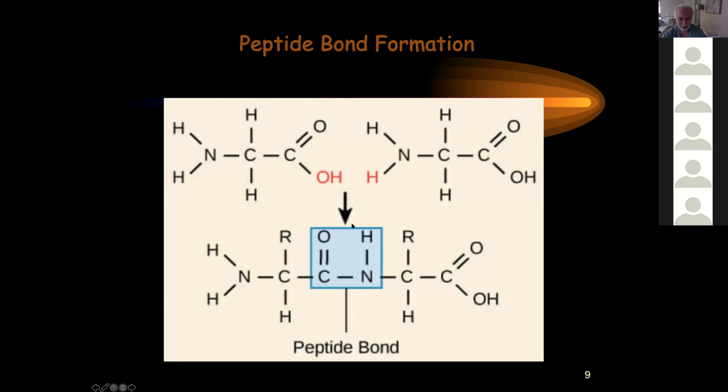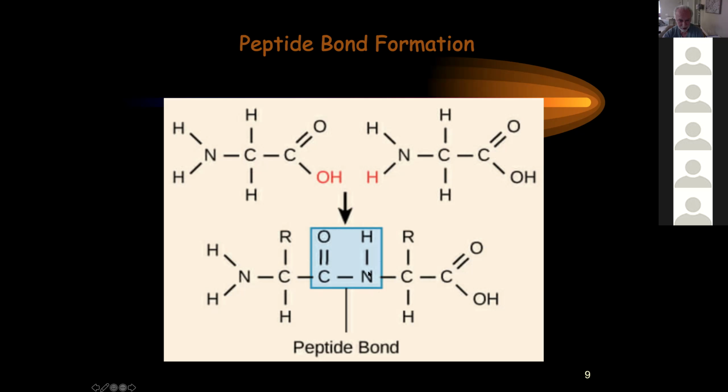Now I want to emphasize you need to know what a peptide bond is and how it's formed. So just to emphasize the point, you have two amino acids sitting adjacent to each other. Facing one way is a carboxyl group on one amino acid and an amine group on the other amino acid. A water molecule is taken out, and what that leaves is this carboxyl, C double bond O, here.